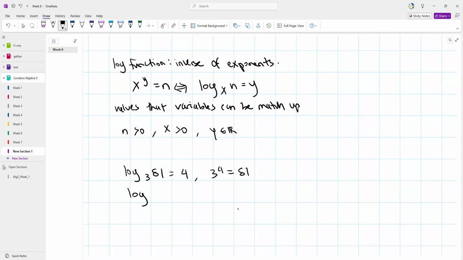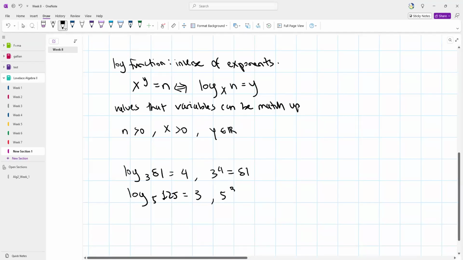And maybe we can try log base 5 of 125. So this is just 3 because 5 to the power 3 is equal to 125.